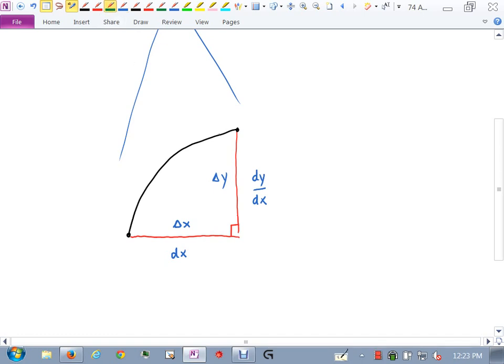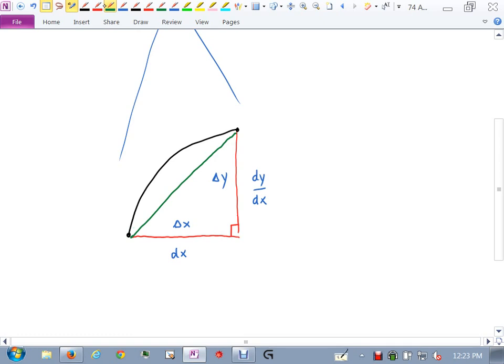Now, do you agree that the length of that black arc is approximately the length of that blue line? Approximately. And how would I get a better estimate? If I make this smaller, doesn't that error become less?